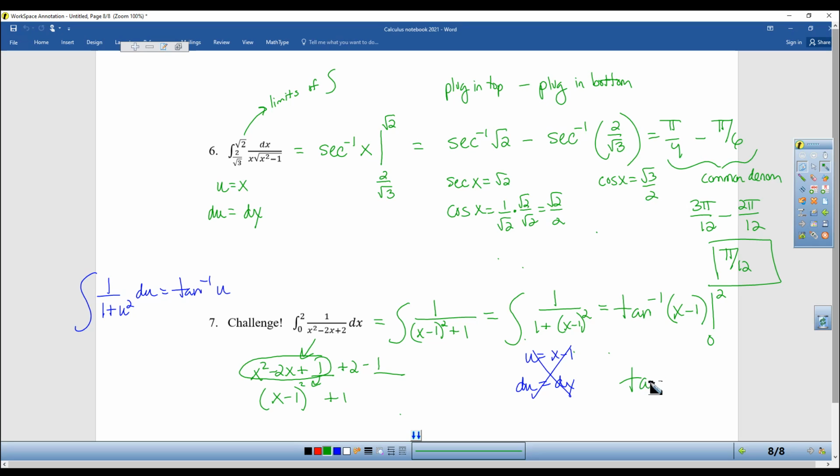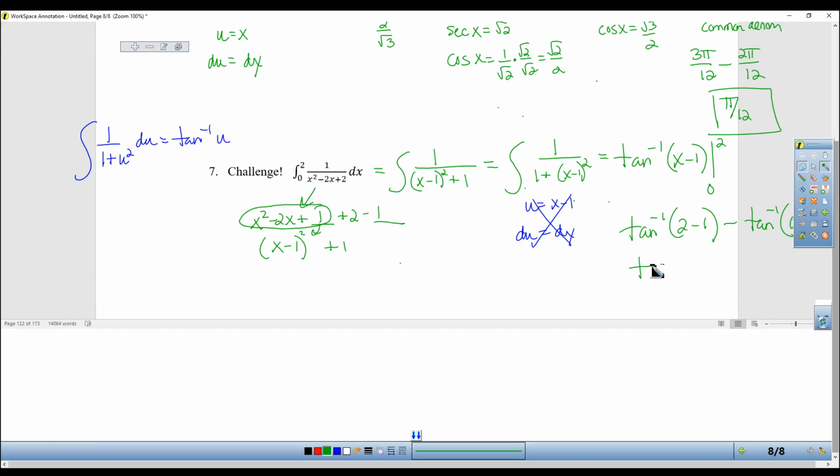So that's going to be inverse tangent of 2 minus 1. So you plug in the top, minus inverse tangent of, now you plug in the bottom, 0 minus 1. This is inverse tangent of 1 minus inverse tangent of negative 1.